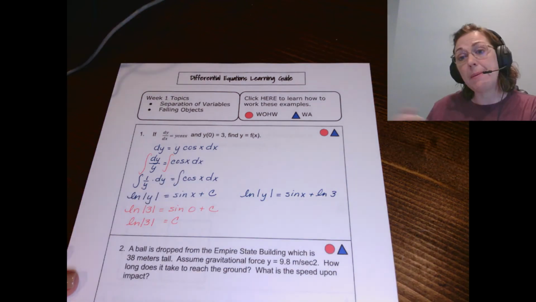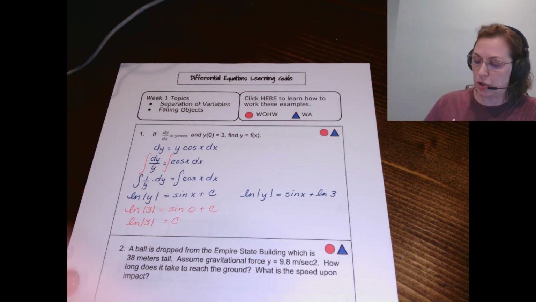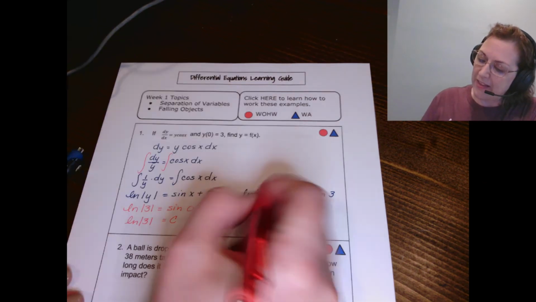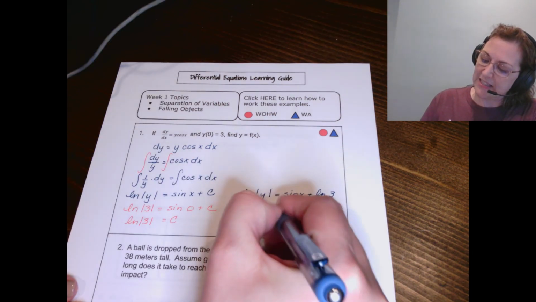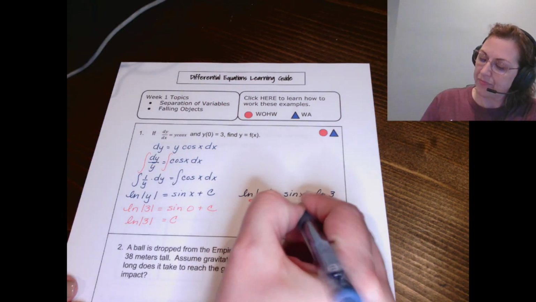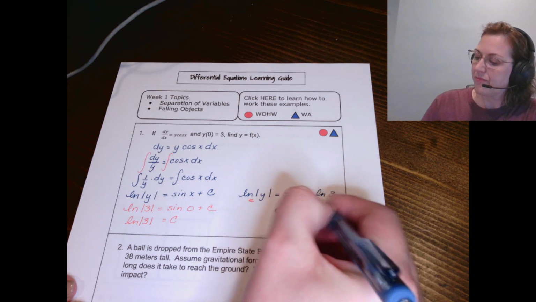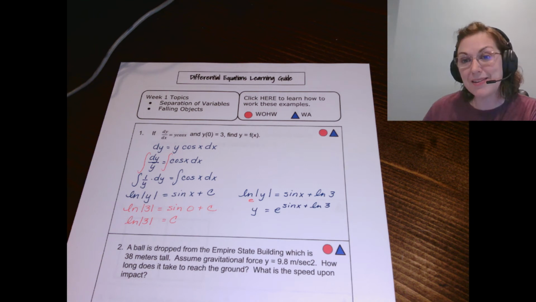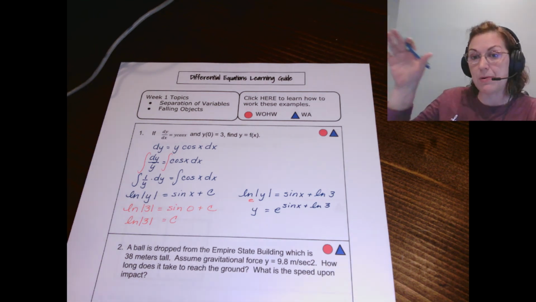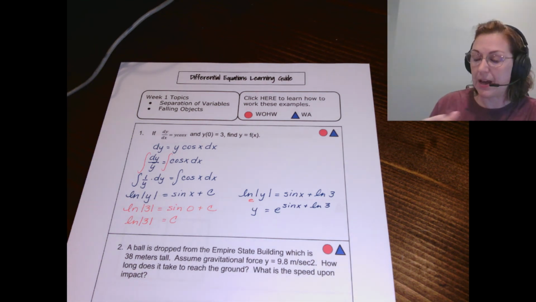Now we probably want to write this as an exponential. Remember that your ln here has a base of e, so we're going to take e to this side, and that equals y. Since e to some power is always going to be positive, I can drop the absolute values here.